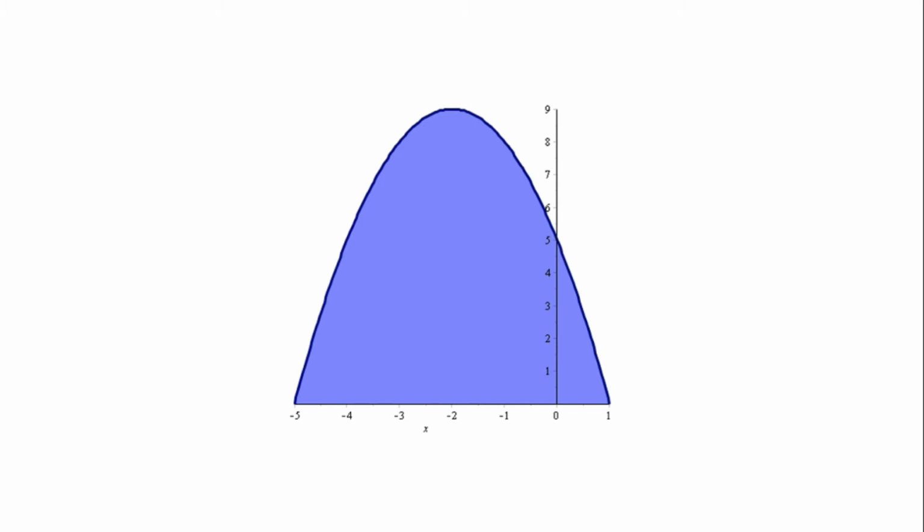Let's make it more complex. If I have this graph, what is the area of this graph? Because this function has two intersections at x equal to minus 5 and x equal to 1, this function is (x plus 5) multiplied by (x minus 1), or x squared plus 4x minus 5.